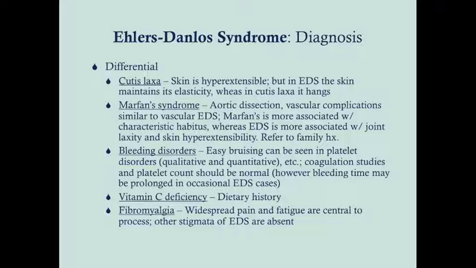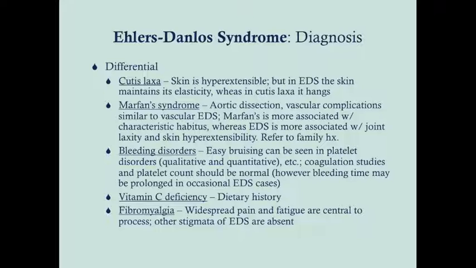And it's always helpful to refer to the family history when making your differential. So you see easy bruising in Ehlers-Danlos syndrome, and that can also be seen in some bleeding disorders, particularly platelet disorders, either qualitative or quantitative platelet disorders.